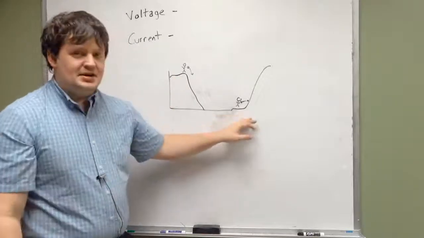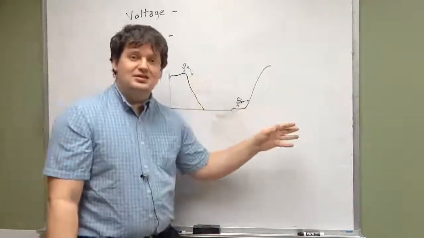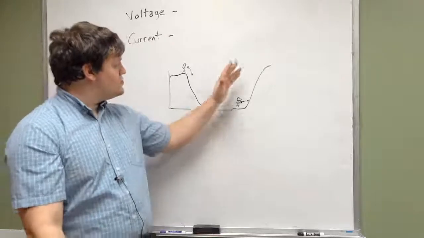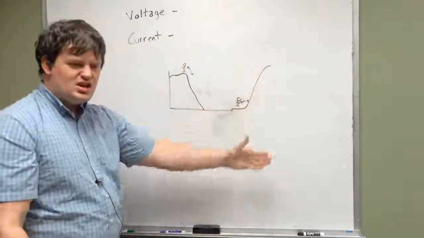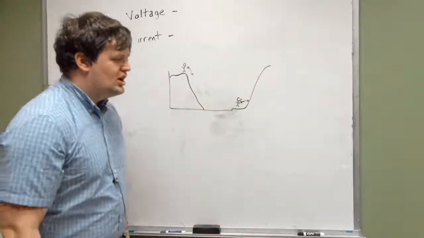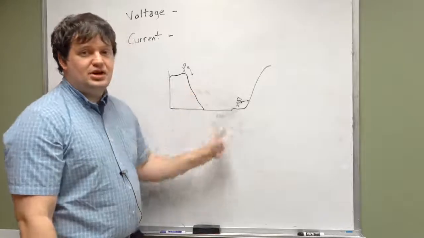You cannot take an object at low energy and throw it at a wall and then have it suddenly go all the way up that mountain to high energy. It doesn't work like that. High energy to low energy.